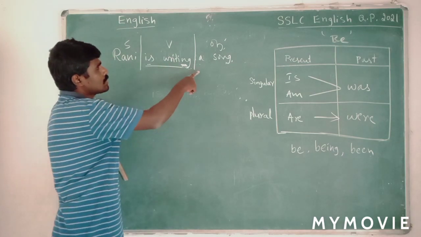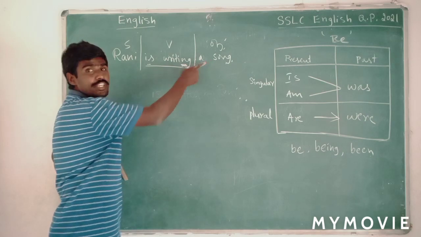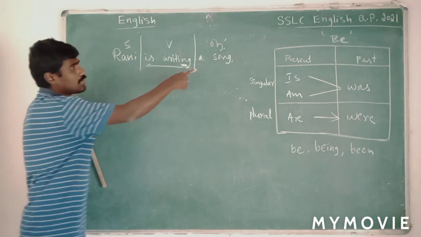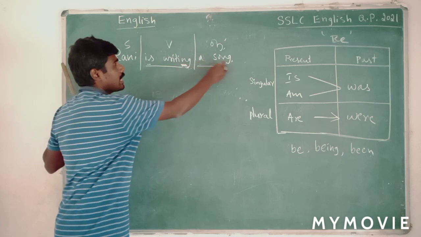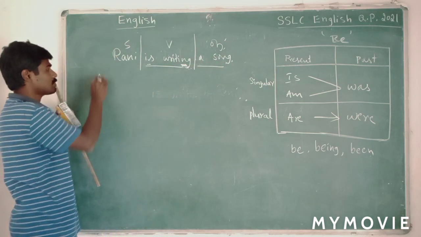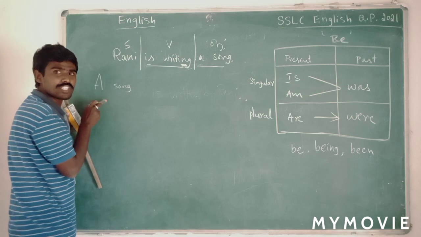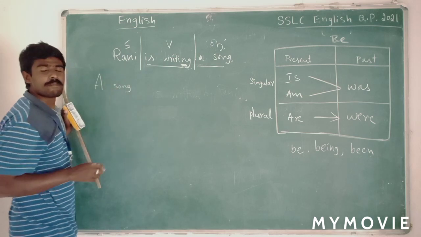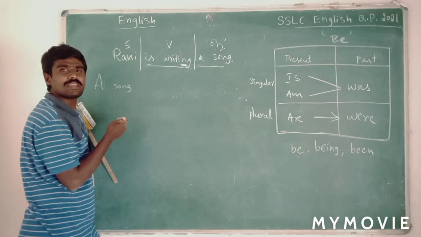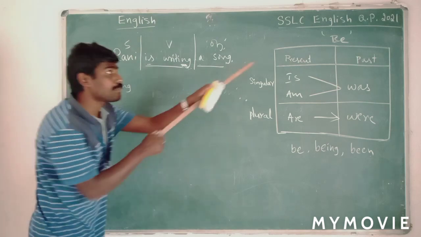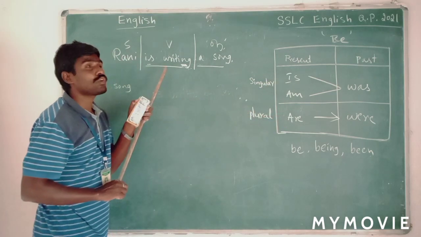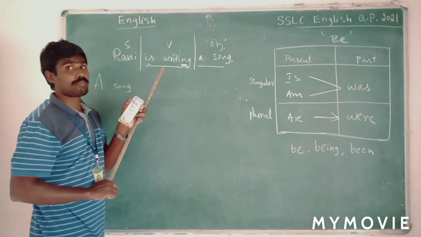And now next is to bring the object into the place of the subject. What is the object in the active voice sentence? A song. That a song has become the subject in this passive voice sentence. Now we have to write the be verb. So before going to the be verb table, we have to know whether it is in present tense or past tense.